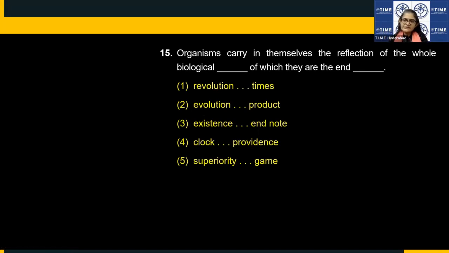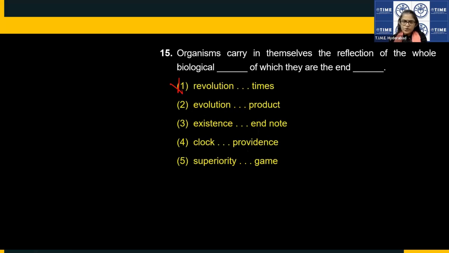Organisms carry in themselves the reflection of the whole biological dash of which they are the dash, end dash, okay? Reflection of the whole biological revolution of which they are the end times does not make sense. There's no context for a biological revolution here, right?